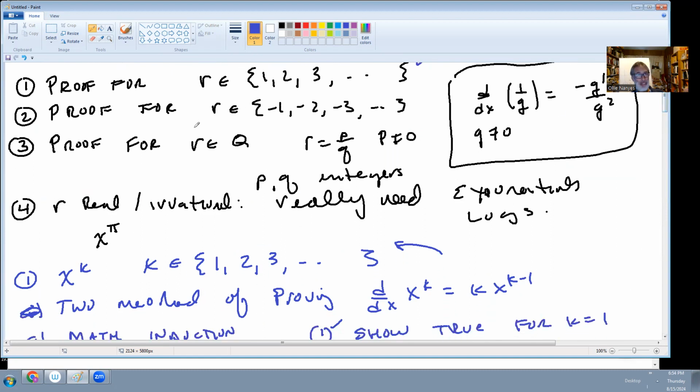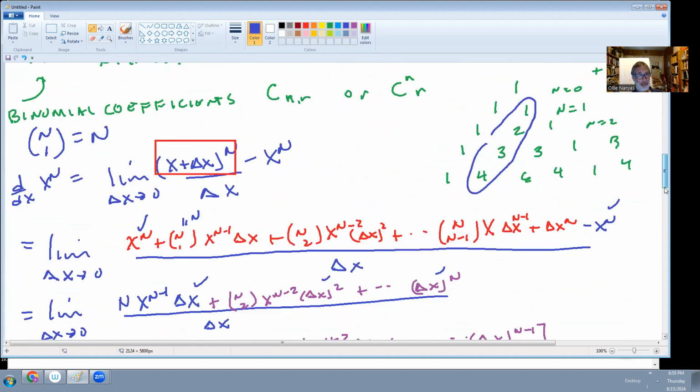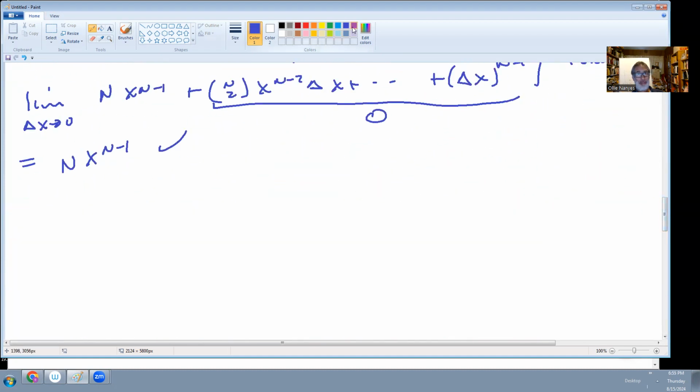Now, I think just to make it logically tight, let's look at a positive rational number. Suppose p is a positive integer, and let's look at the derivative of x to the 1 over p.